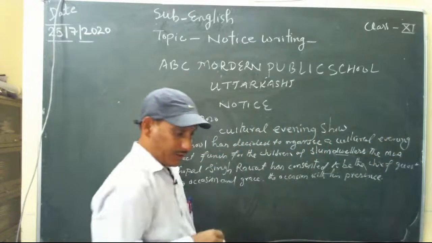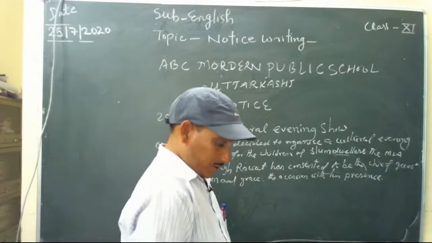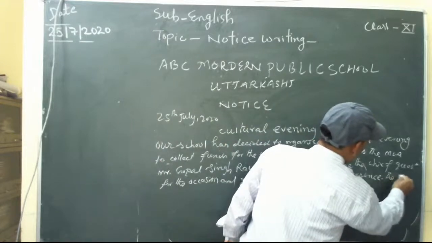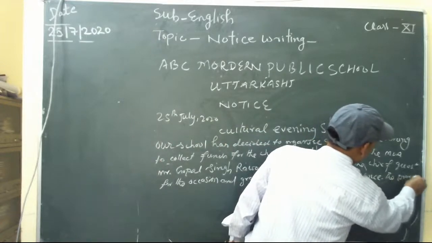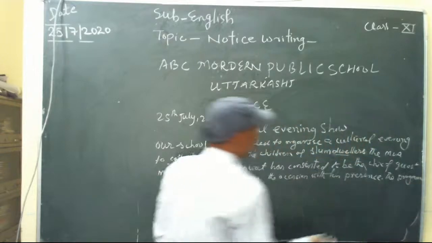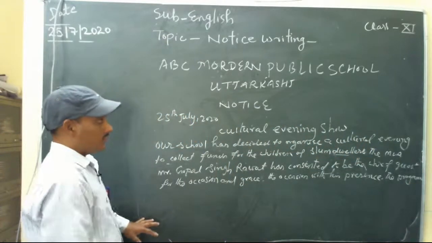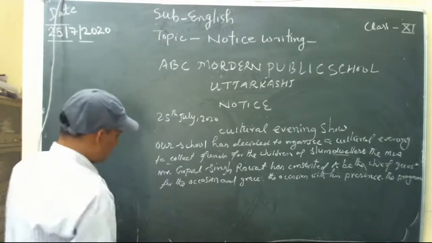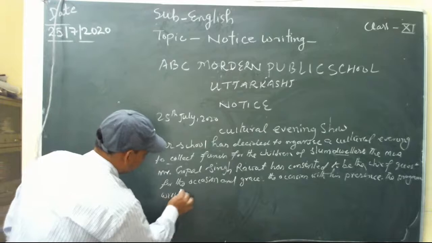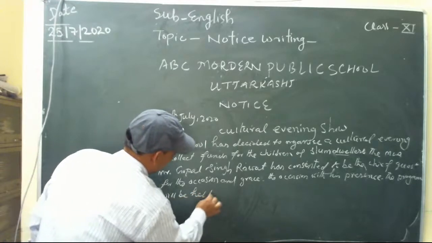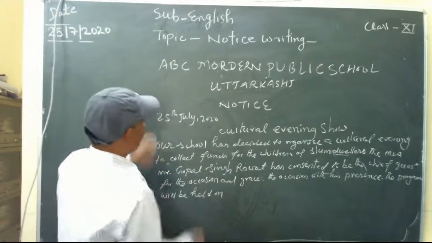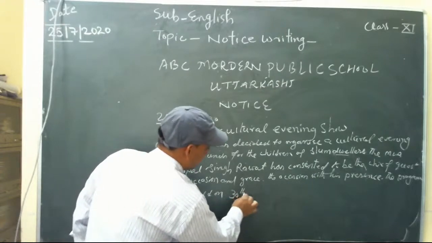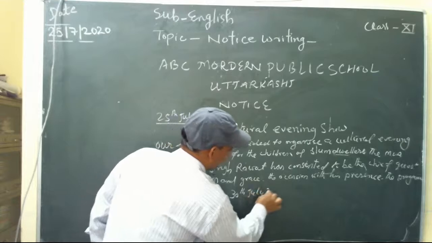Now the duration, the date and timing. The program, meaning the cultural evening show, will be held on, since the notice is given on 25th, we need at least some time, so we can write on 20th July 2020.